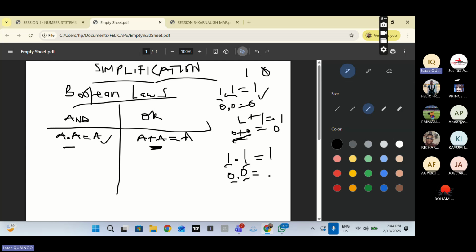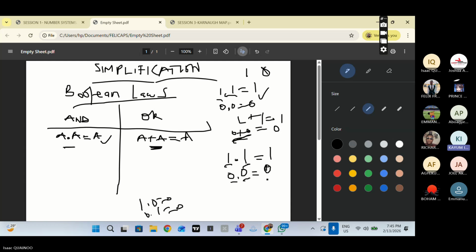If this was, let's say, 1, 0, that is still going to return a 0. Or 0, 1 is still going to return a 0, because we need both of our inputs to be 1 for our output to also be 1. So 0 and 0 is also going to return a 0.